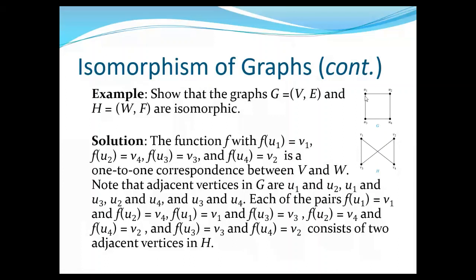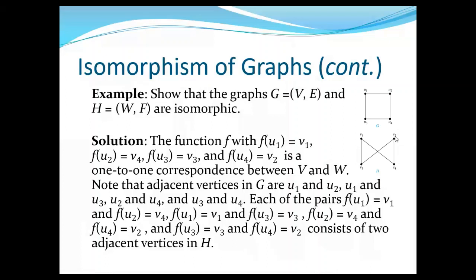So we're correct on U3 and U1. Now for U4, which is equivalent to V2, U4 is connected to U2. U2 here is equivalent to V4, because V4 is the one connected to V1. So is U4 connected to U2, with the equivalent vertices?